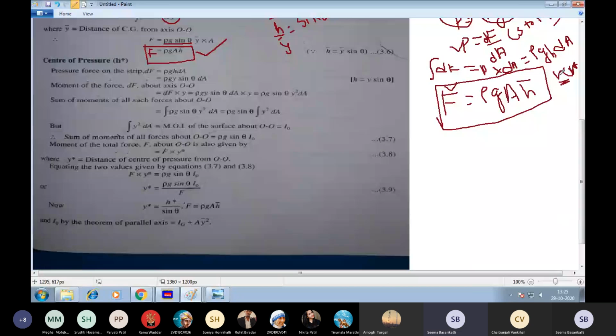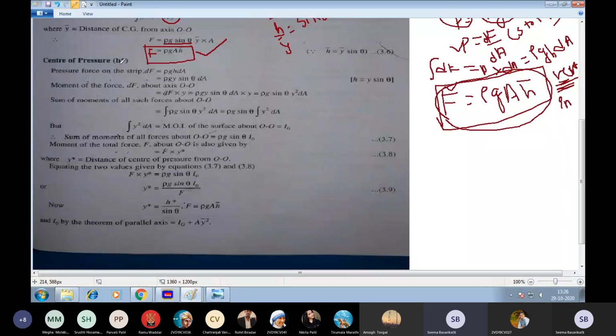You have solved so many numerical problems. F is equal to rho g A into h bar. Okay, so for the vertical condition also, the equation for F is rho g A into h bar. So both for the vertical as well as the inclined surface, the equation will remain the same. That is, F is equal to rho g A into h bar.